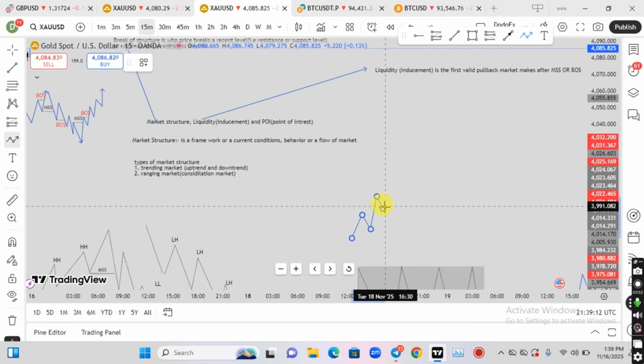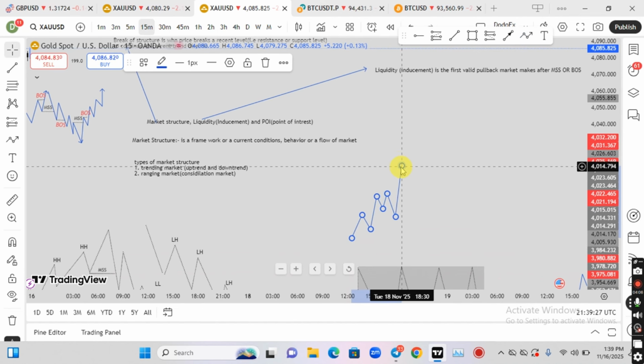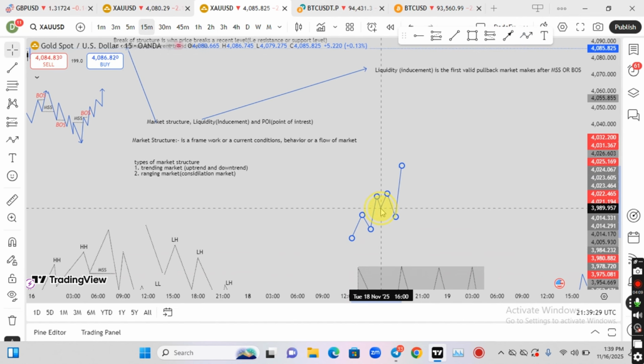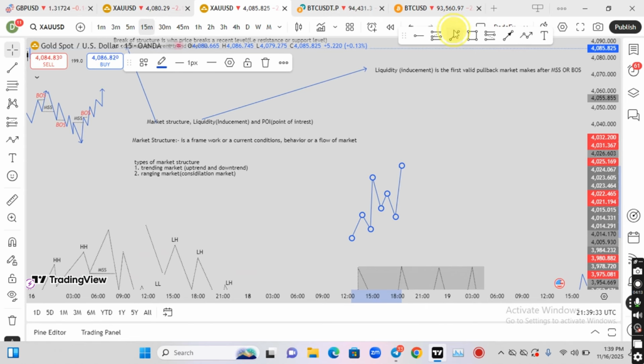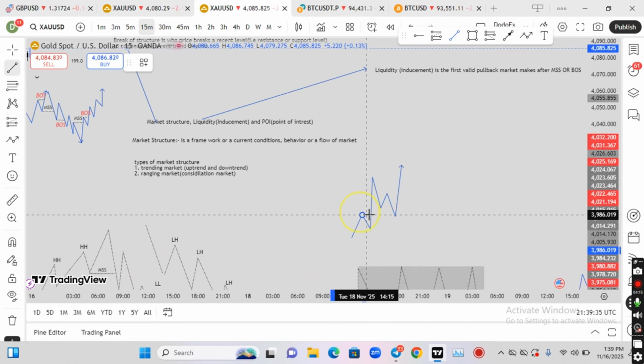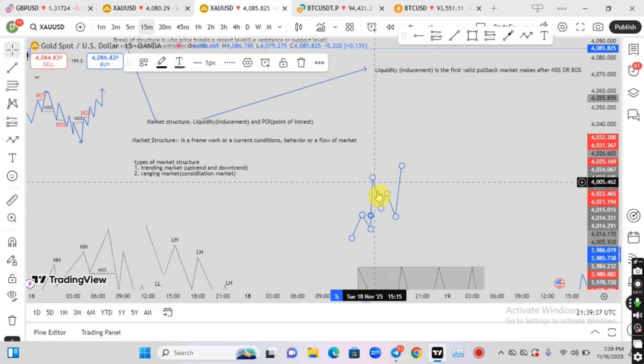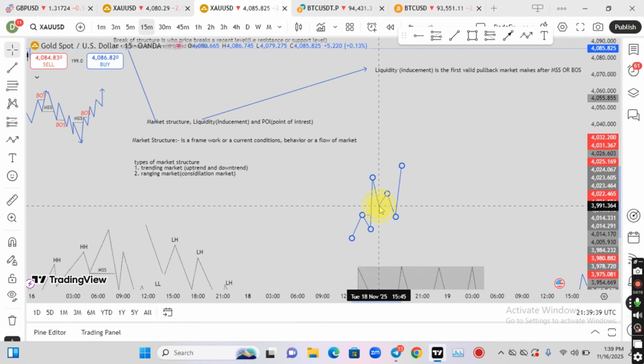But for it to be valid, price has to first move back up to 50% of it, let's say 50% of it, or fall back like this. Then it will come back to tap my point of interest, which is here, before I continue on my buy, right? After the break of structure here, I'm targeting this one to break structure here. The first pullback, which is this one, is my inducement.